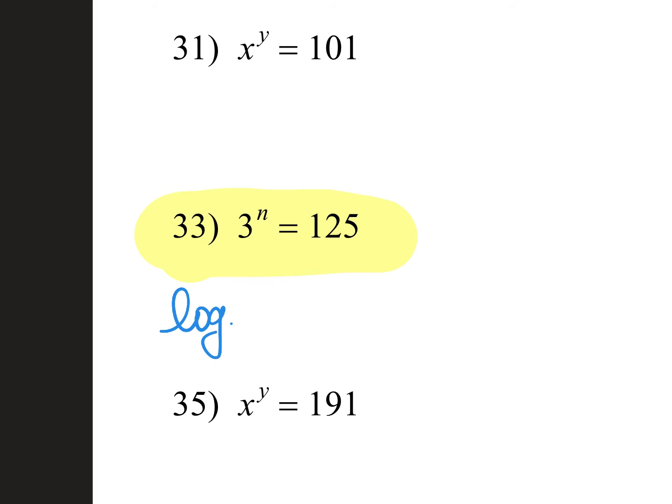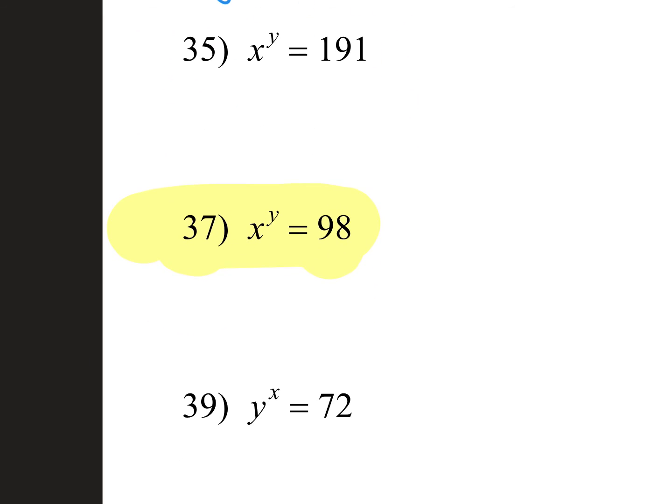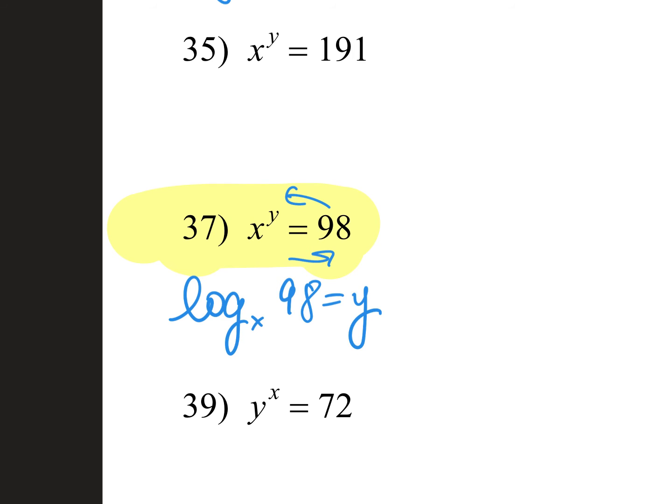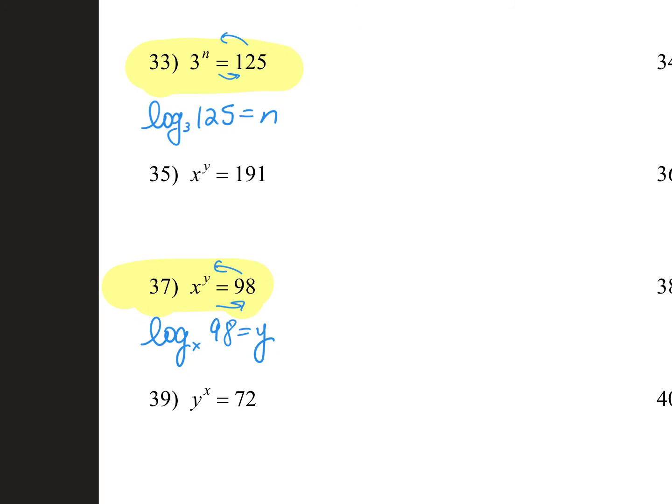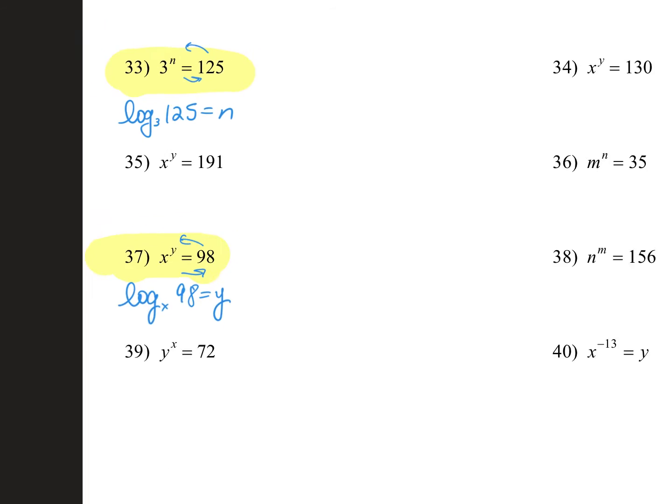Log with a little 3, right? And then what happens? 125, good, equals? Perfect. Good. What about 37? Log base x. Riley, you watching this? Log base x. What happens with 98 and y? They switch spots. So 98 equals y. Make sure you understand how things are moving and where they're moving to.